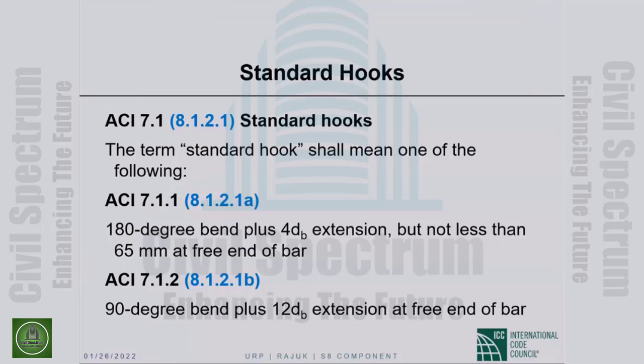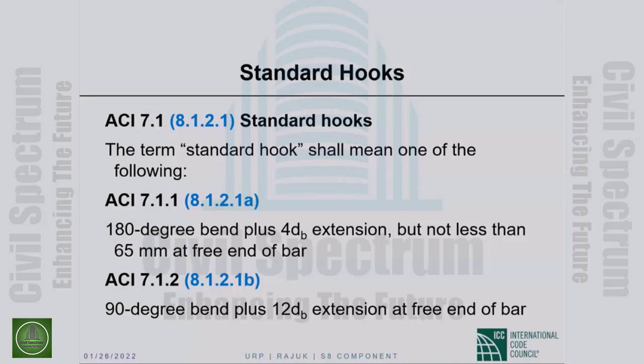Okay, so the first thing is, what is a standard hook? The term standard hook shall mean one of the following: a 180-degree bend plus 4 bar diameter extension, but not less than 65 millimeters, at the free end of the bar. So 180-degree bend, 4 bar diameter extension, but the 4 bar diameter shall not be any less than 65 millimeters.